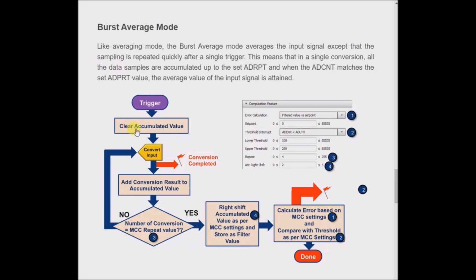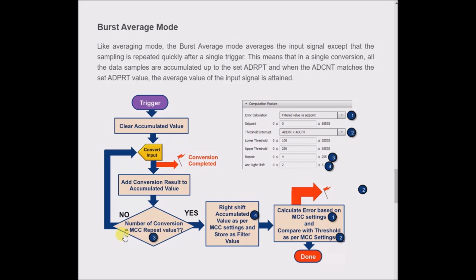Trigger, clear accumulated value, convert input, conversion completed, add conversion result to accumulated value. Number of conversions equals MCC repeat value, question. If no, goes back to the convert input.